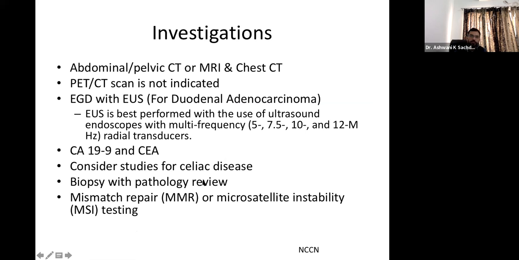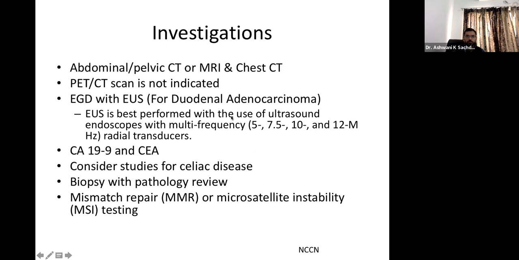So what are the investigations for small bowel adenocarcinoma? They are similar: abdominal pelvic CT or MRI and chest CT. PET scan is not indicated in small bowel cancer, similar to the recommendation in colorectal cancers. Esophagogastroduodenoscopy with endoscopic ultrasound for duodenal cancer.